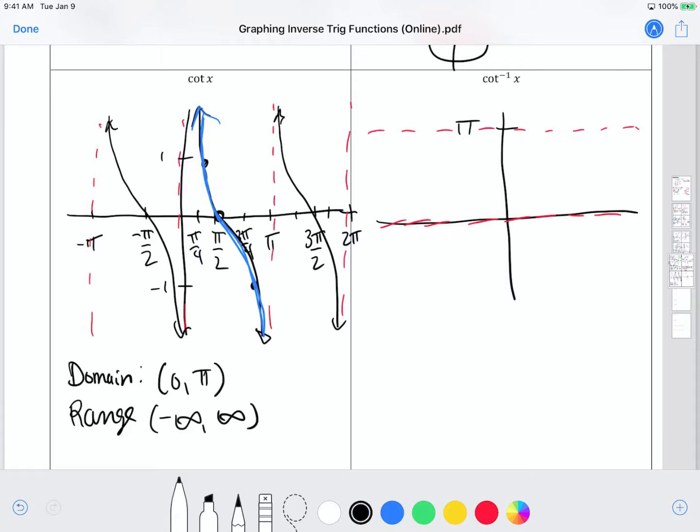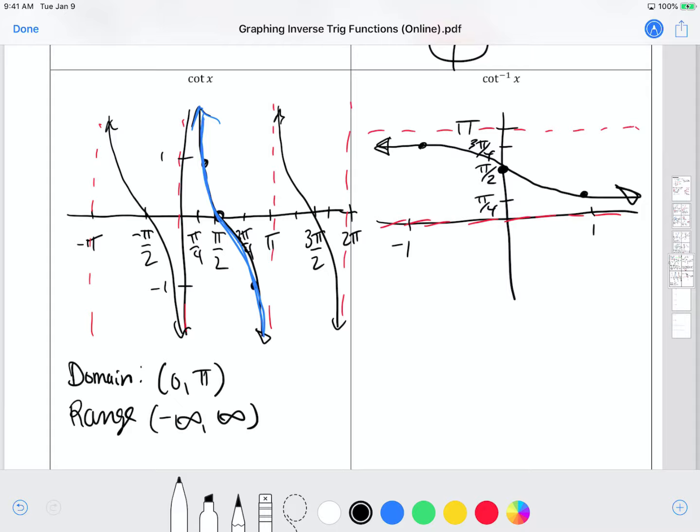And then when we switch our points, this is at pi over 2, this is at pi over 4, and this is at 3 pi over 4. When we switch our points, it's going to look like this. So now our inverse cotangent looks like it's on its side instead of going up and down.